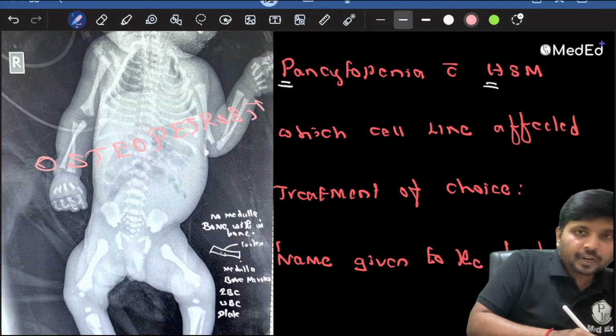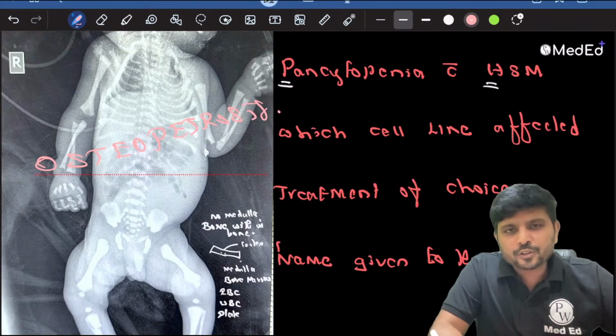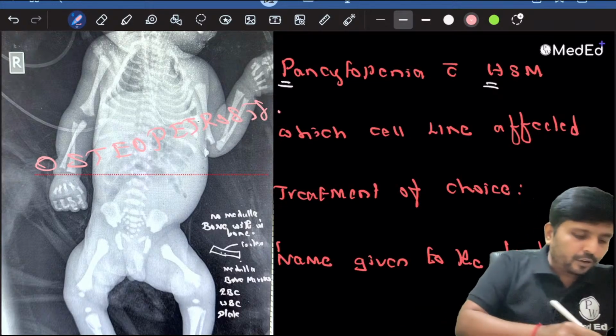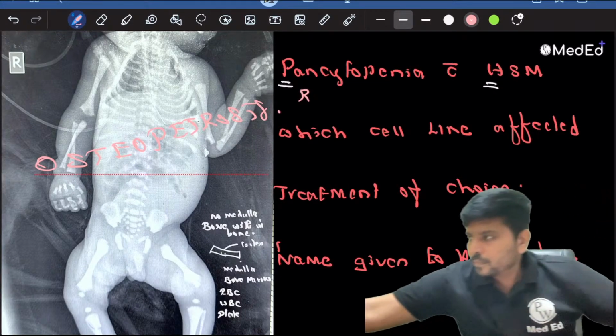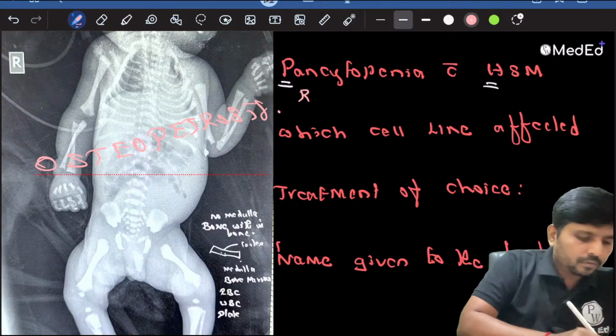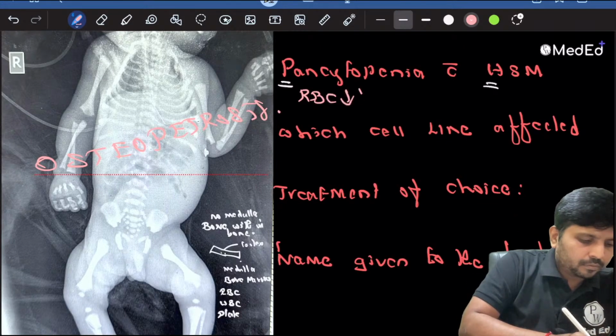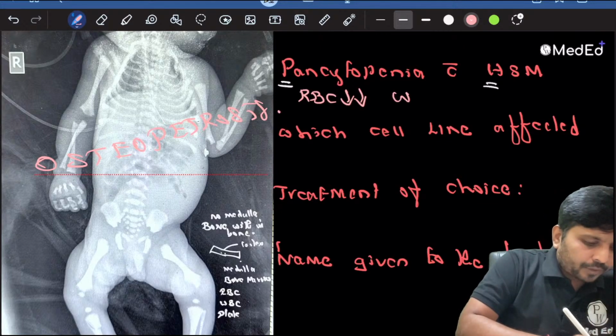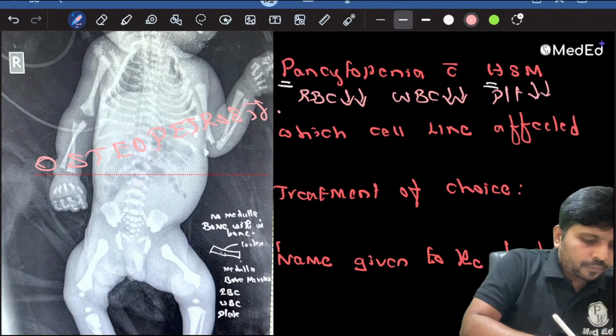As a result of osteopetrosis, your RBC, WBC, platelets all will be low.